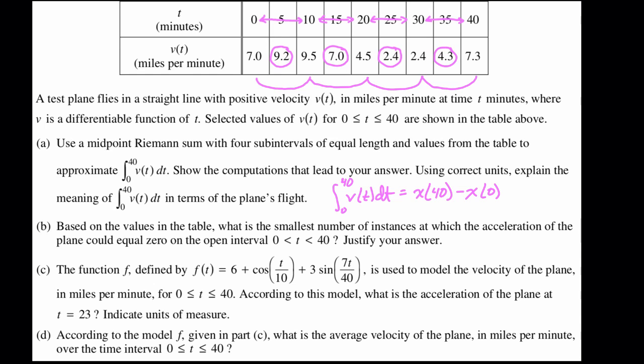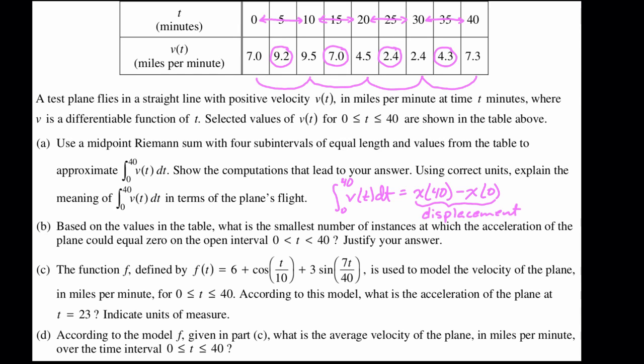Now, interpreting this, this is your position at 40 minutes minus your position at 0 minutes. So if you take your ending position minus your starting position, what that gives you is displacement, or in other words, change in position.